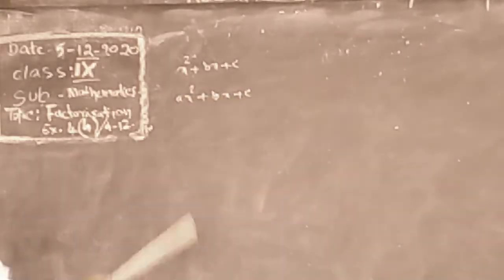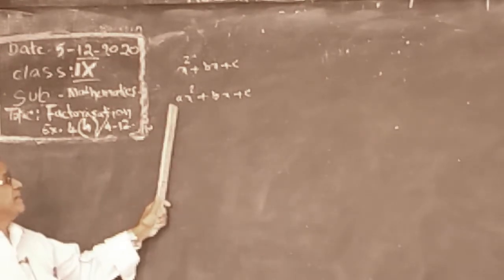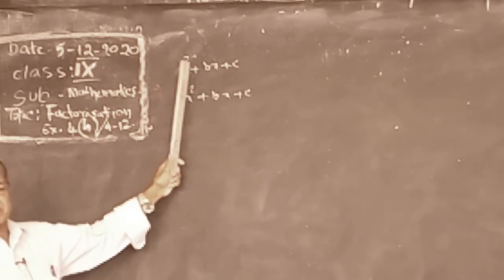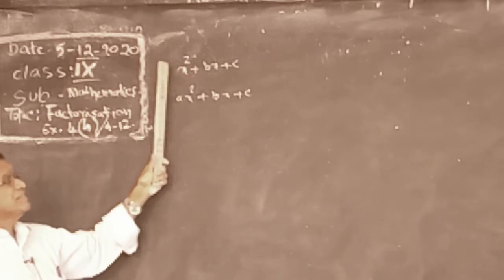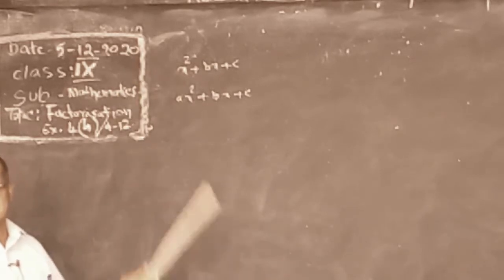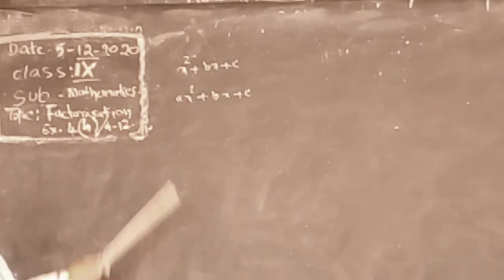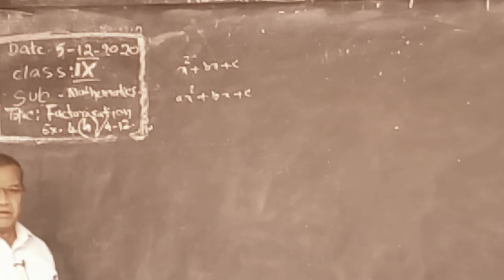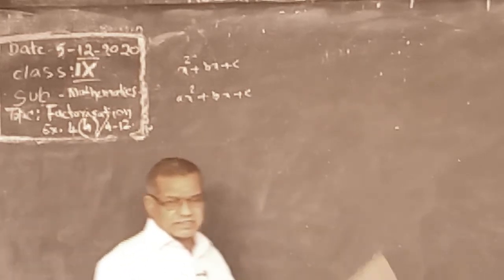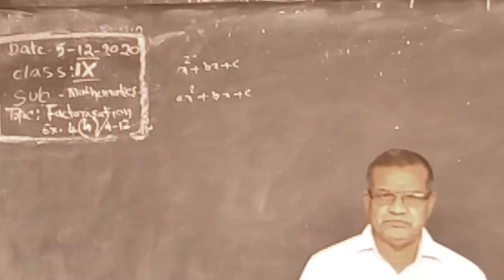Quadratic expression with coefficient a, quadratic expression with coefficient 1. Expressions, not equations. If we put equal to 0, we say they are equations. So we did all the problems on these formulae.